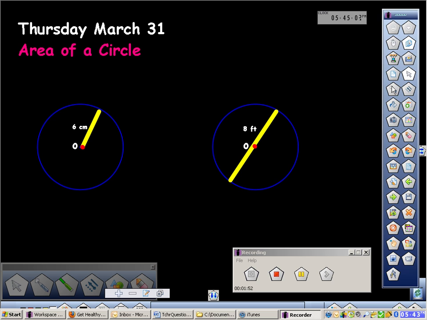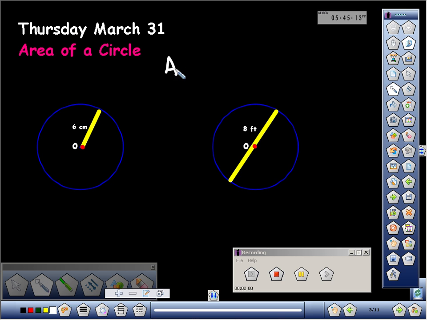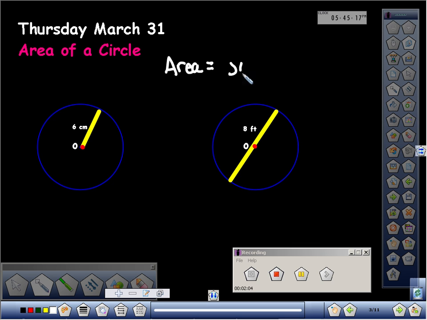There's a formula that we follow for area of a circle. This is where I want you to pay attention real good, and I want you to start to write notes. Area of a circle equals pi times radius squared. Now, squared, so you're going pi times the radius times 2?